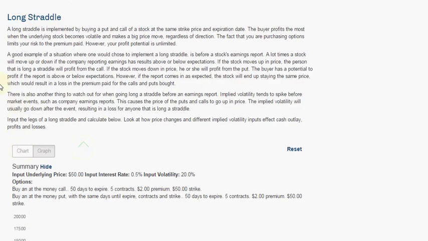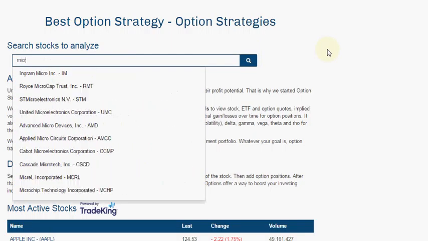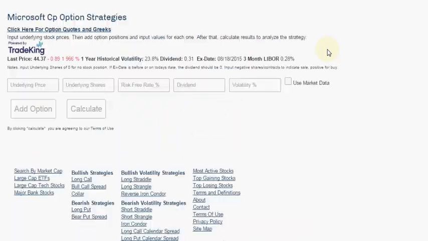And let's say that you've gone through and you understand all these types of strategies and you're trading stocks and you want to go out and implement one. Well, we also provide a section on our website where you can look at an actual stock, like for example Microsoft, and see where it's trading and develop a strategy for Microsoft.